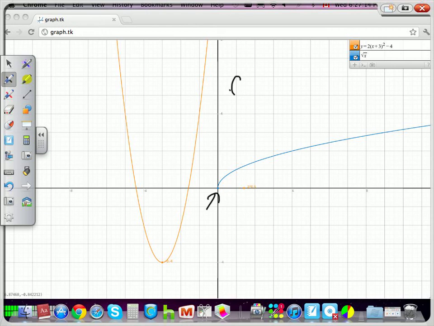So here's our root function. Okay, like I said, it looks like this. And we're going to do all of our changes to it. So we had the inverse of the function, which we had when we go to graph it, was negative 3 plus or minus the root of x plus 4 divided by 2.